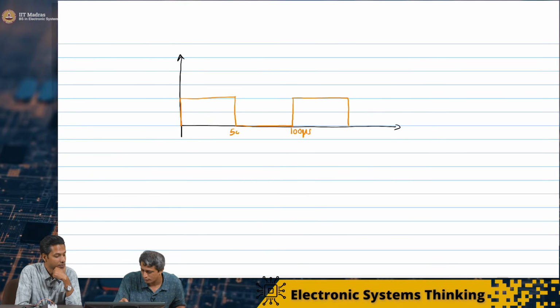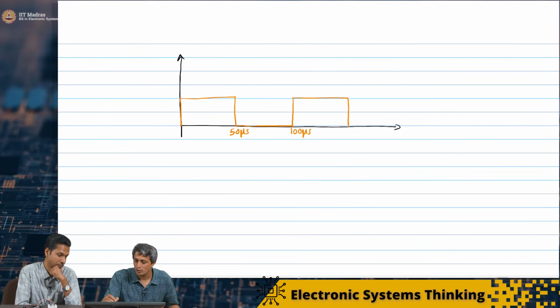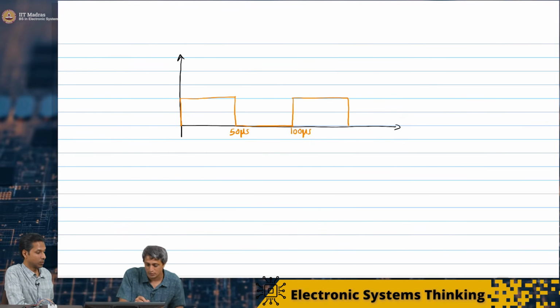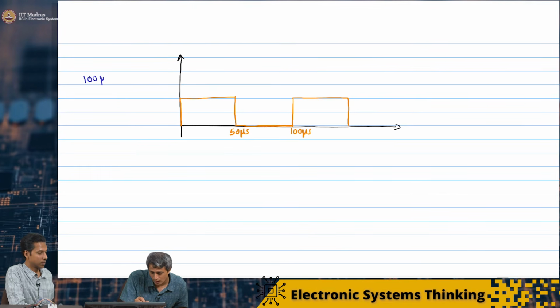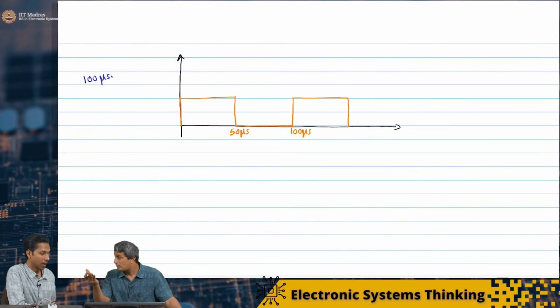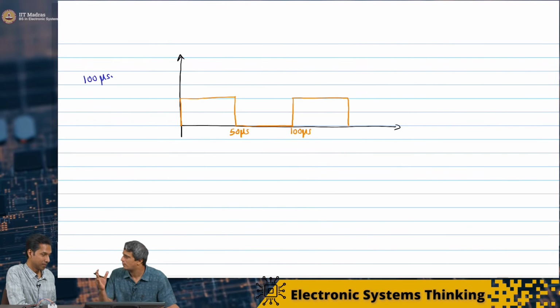That means this is 50 microseconds, okay? And we were trying to look at what is going to happen to that RC circuit whose time constant was 100 microseconds. Now, to reach VDD, VM by 2, we said it took 69.3, about 70 microseconds.